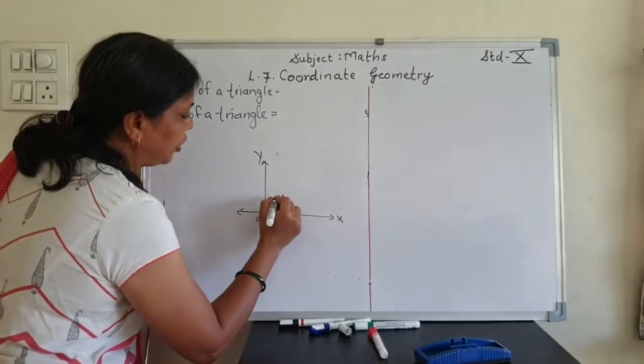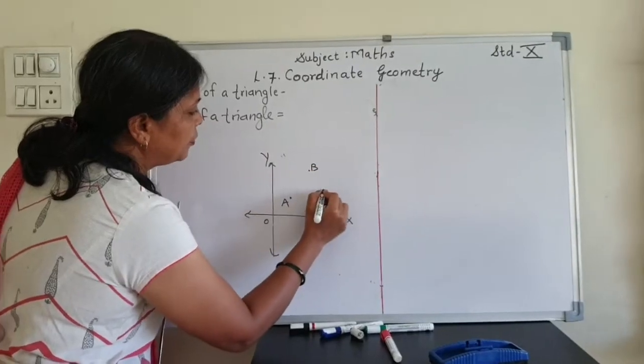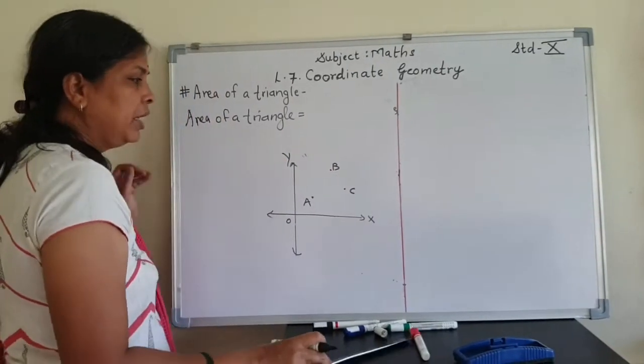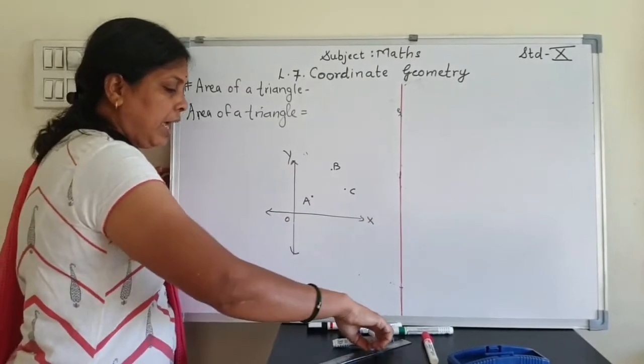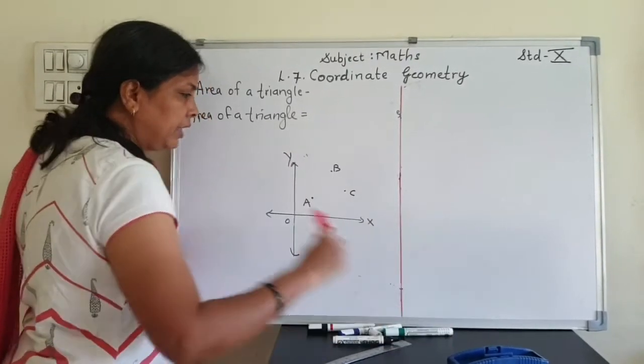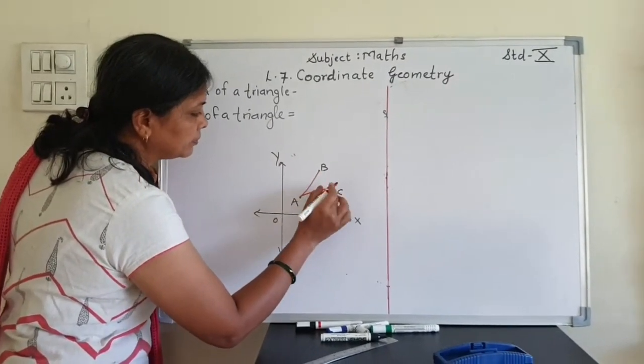Now if we have point A, point B and point C, three non-collinear points on this plane, in the first quadrant, then how do we find the area of this triangle?